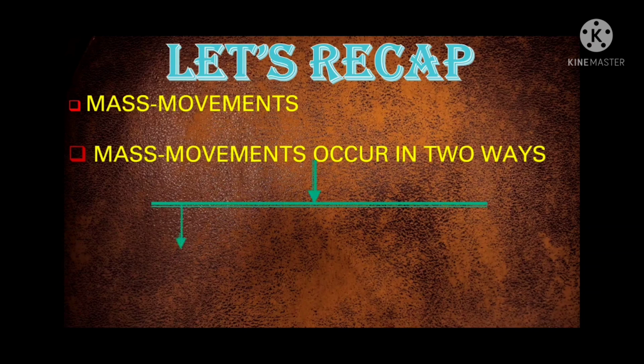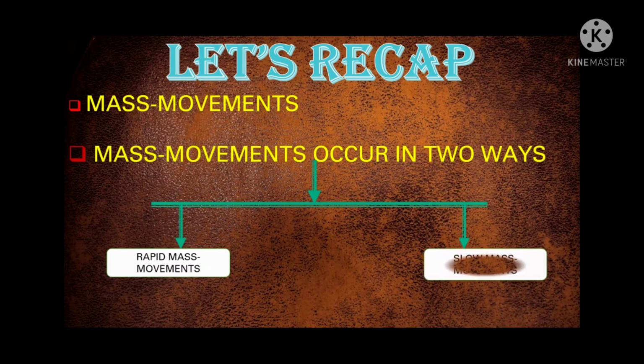Children, as you all can see in the flow chart, the two types of mass movement are rapid mass movement and slow mass movement. In rapid mass movement, we studied that it occurs on steep slopes. It includes landslides, land subsidence, slumping and mudslide.